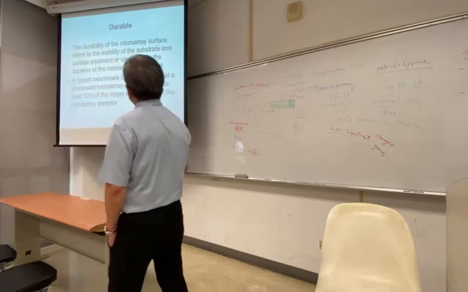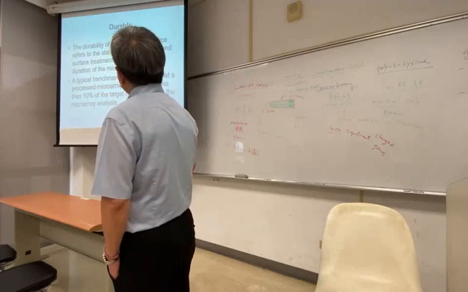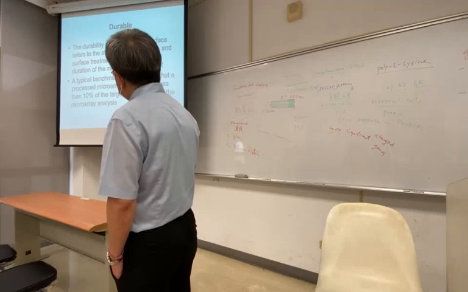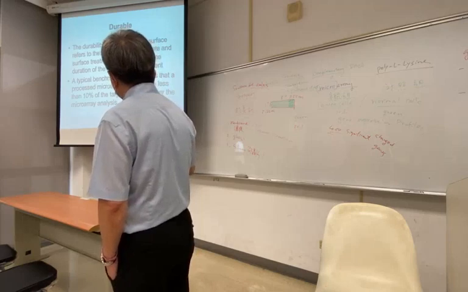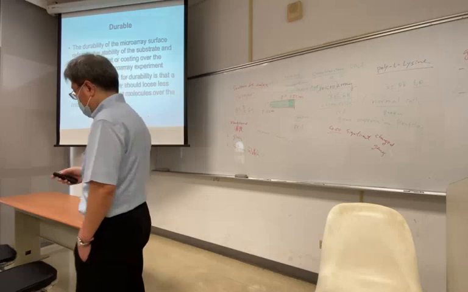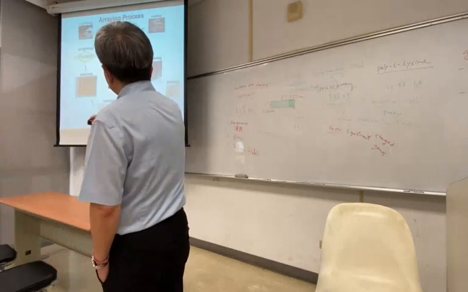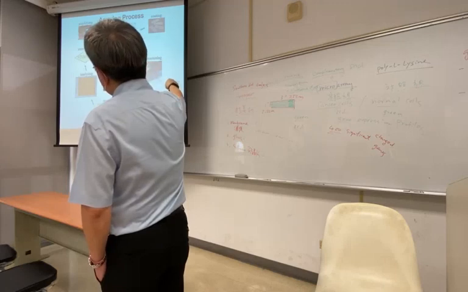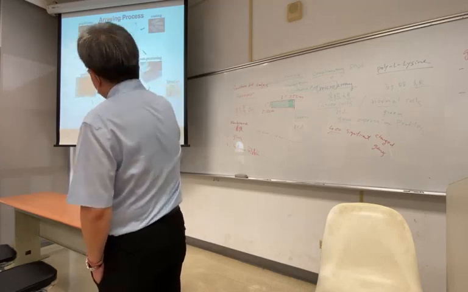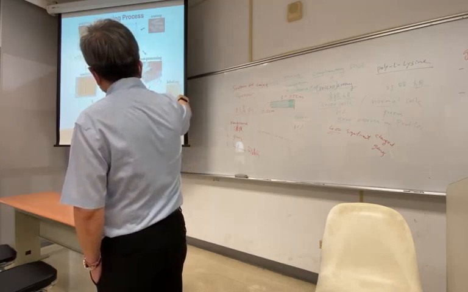好。Durable. It refers to the stability of the substrate and the surface treatment or coating over the duration of microarray experiments. Right? I told you in this slide, not only do we have to use this 3-dimensional robot to print DNA onto the glass slide, we have to go through the post-processing.